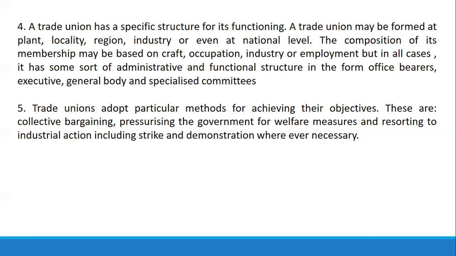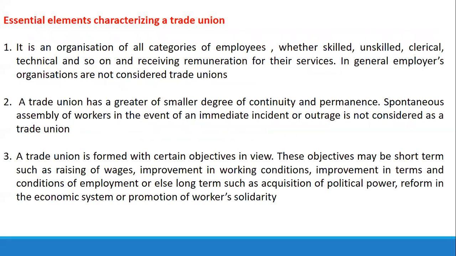Sometimes these trade unions give benefits to the workers. Sometimes the employees may be deviated because of trade unions and their political affiliations. But definitely trade unions are going to give protection to the individuals or workers in the organization. These five are the essential elements of characterizing a trade union.